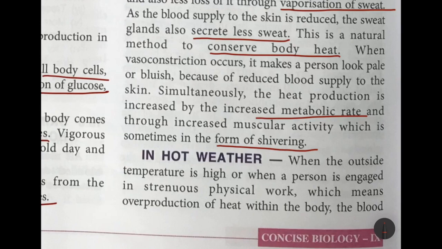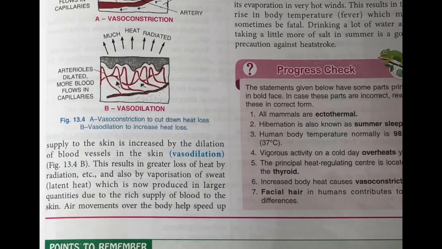Now in hot weather, when the outside temperature is high, or when it is hot and you are playing a game or something, there is lots of production of heat inside the body. So heat must be lost from the body to cool it down. So what happens?